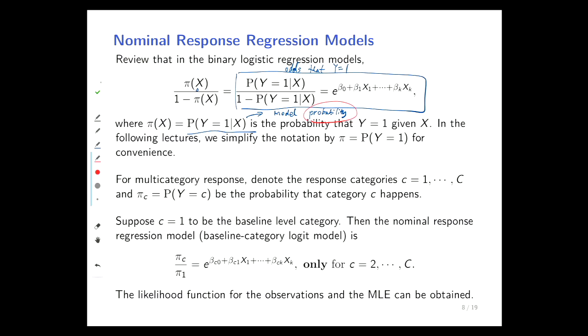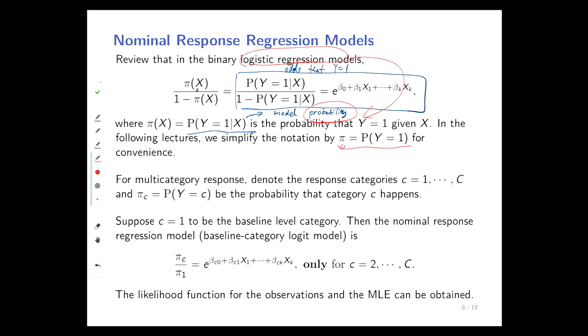For the logistic regression model we model probability, and similarly, in the multi-category response regression model, we should also model the probability. But how can we model it? That's the question. In order to talk about how to model it, firstly let's simplify the notation a little bit. Because we focus on modeling probability, let's just consider that pi is some probability without using the x. That makes the notation simpler.